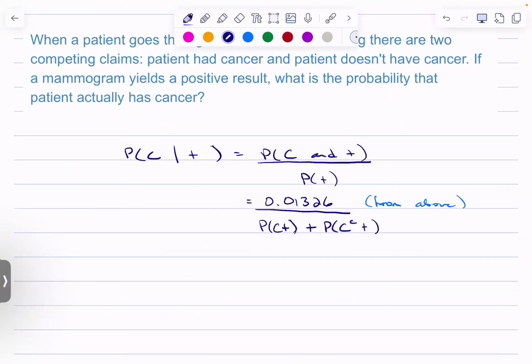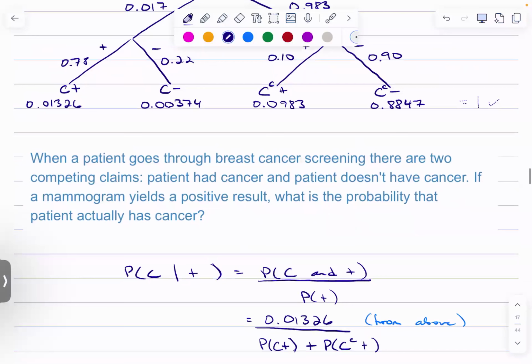If I smush them together, it has to be both. Which is going to be 0.01326 divided by 0.01326. I know that's kind of confusing using the same number again, but it's going to be rolled up with 0.0983. So they're not going to cancel or anything because I'm adding them.